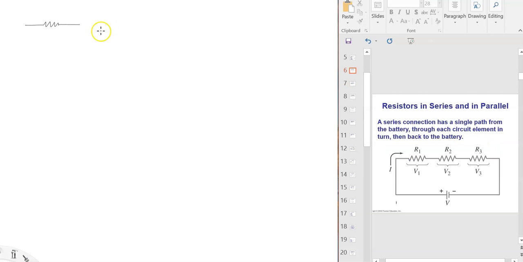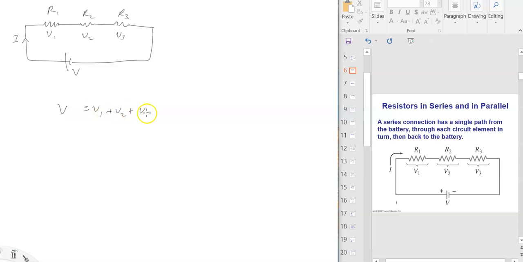All right. So here you see, let me draw that. Here, V1, V2, V3. That's current I. So the battery voltage, the supply voltage, we can say V equals V1 plus V2 plus V3.